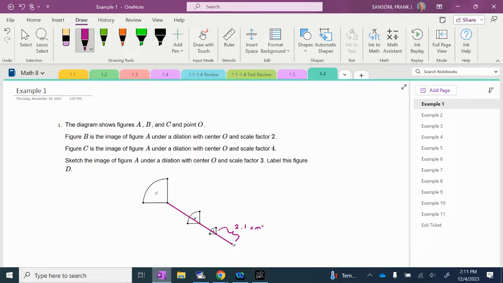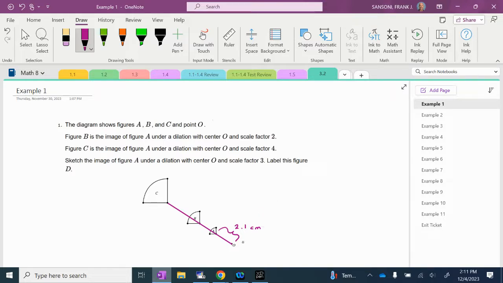So think about this. This is actually common sense. If figure B is the image of figure A, and we used a scale factor of 2, then what should be the distance from O to the corner of B if we are doubling something? So the original was 2.1, so it should be 4.2, right?